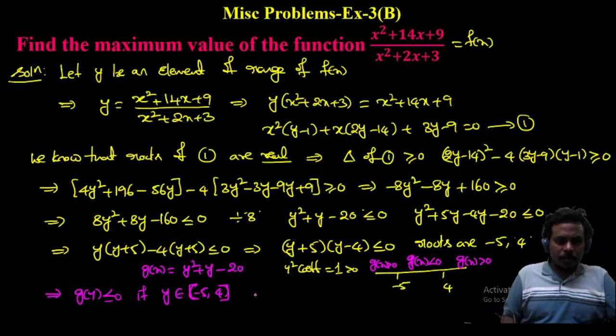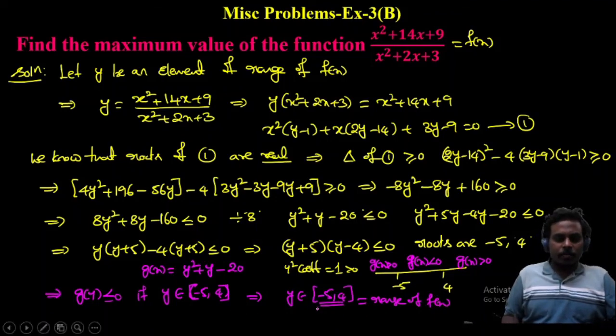So this implies the range, that is y belongs to this interval minus 5 to 4. That means this is actually the range of f of x. So the range itself is minus 5 to 4.